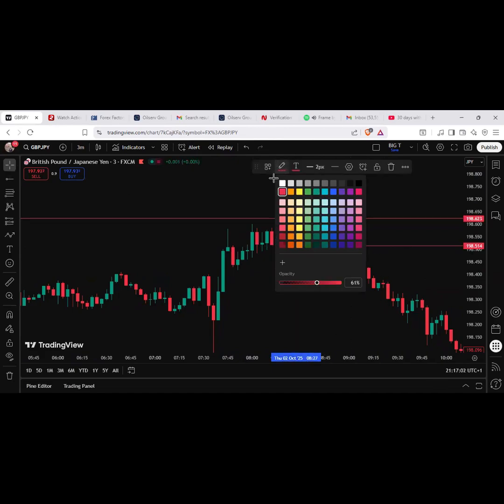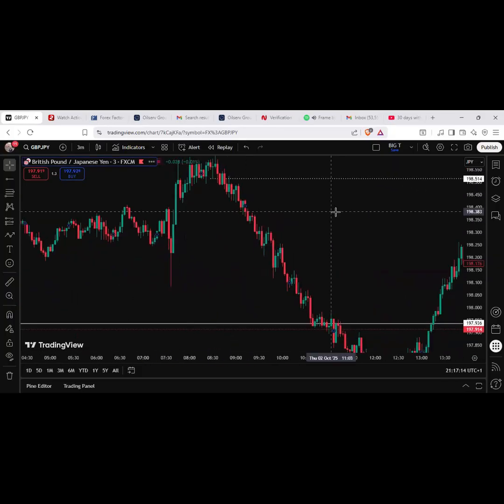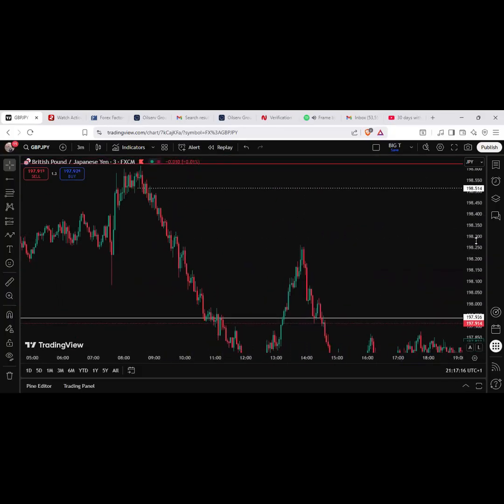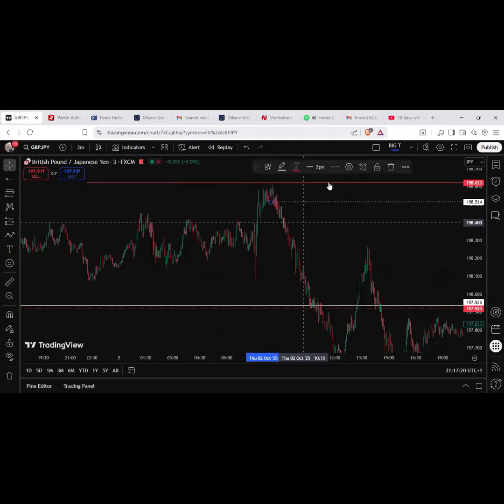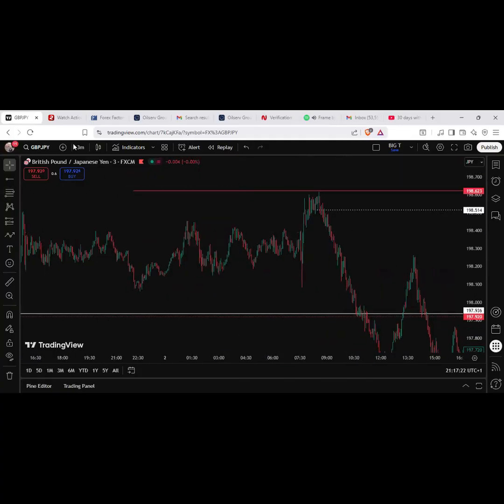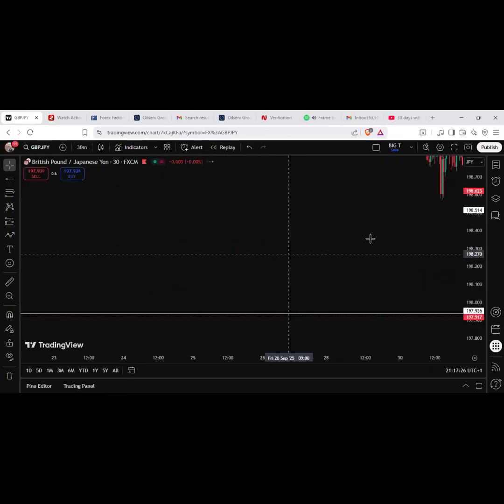So perhaps we could see price pushing up to that area for more sales to the downside. This is just my thoughts right now. But regardless of the fact that we're looking for an entry from 198518, let's go back to our 30 minutes time frame.